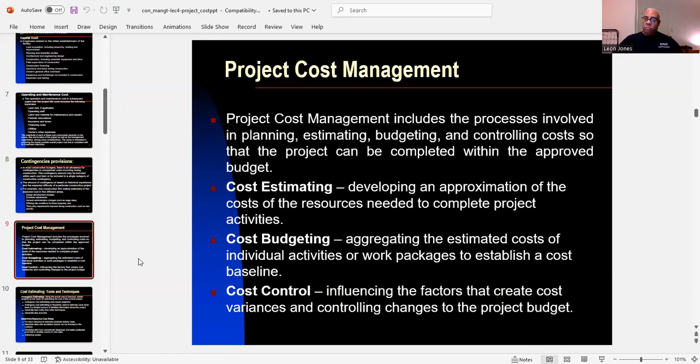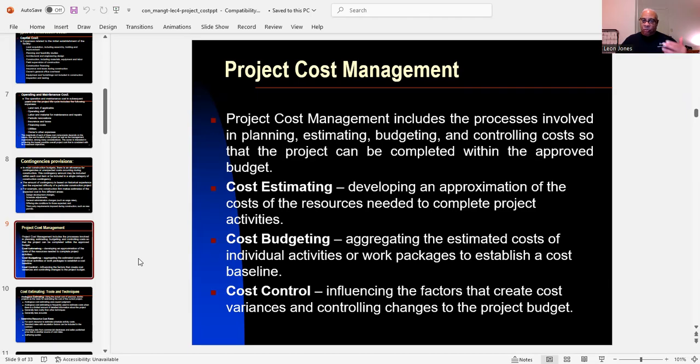Project cost management. We dealt with the first 9 slides, which covered cost. Now we're going to get into project cost management. That includes the processes involved in planning, estimating, budgeting, and controlling costs so the project can be completed within the approved budget. Then there's cost estimating, developing an approximation of the cost of the resources needed to complete project activities.